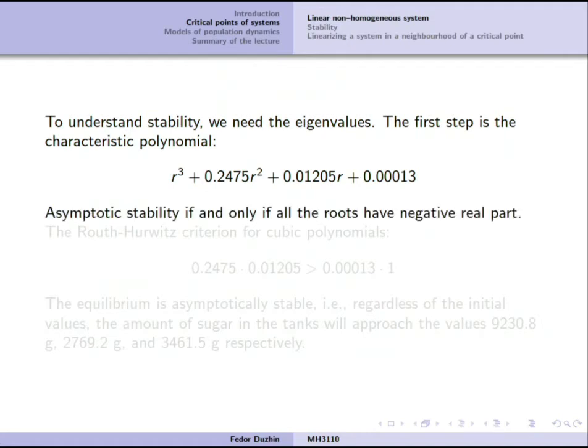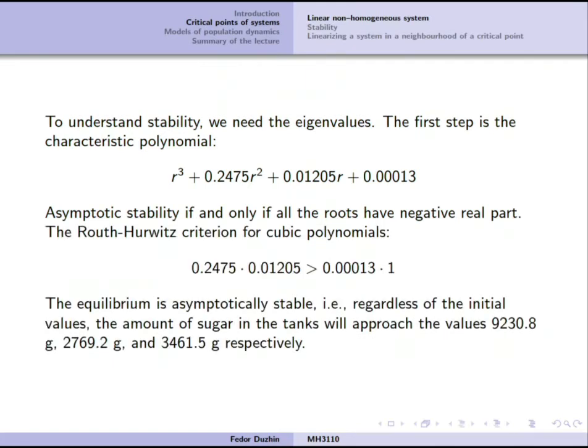And for this, we have the so-called Routh-Hurwitz theorem. So let me highlight it. This Routh-Hurwitz theorem is a theorem which tells you exactly how you can just look at a polynomial and figure out whether all its roots have negative real part or whether it is not true.